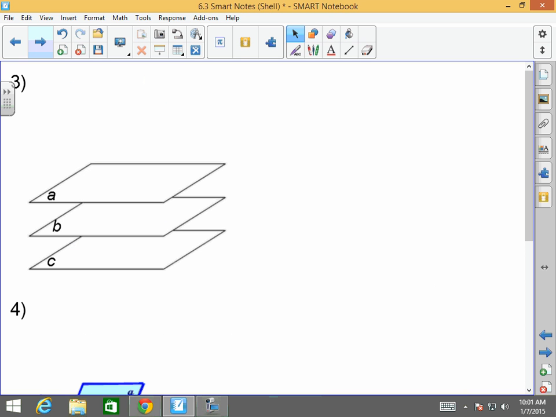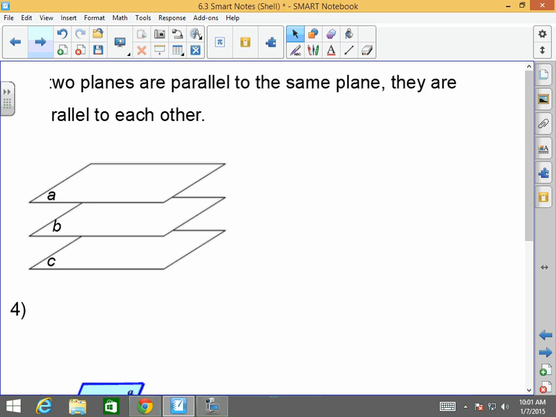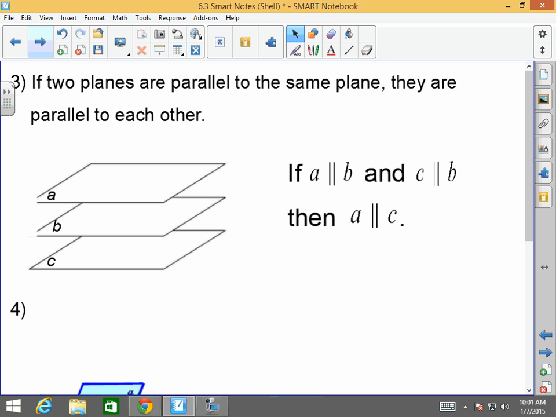Okay, number three. If two planes are parallel to the same plane, they are parallel to each other. This is kind of like transitive, kind of.